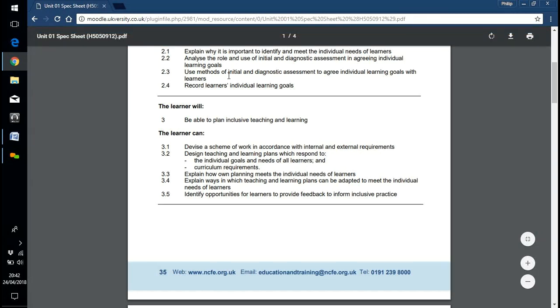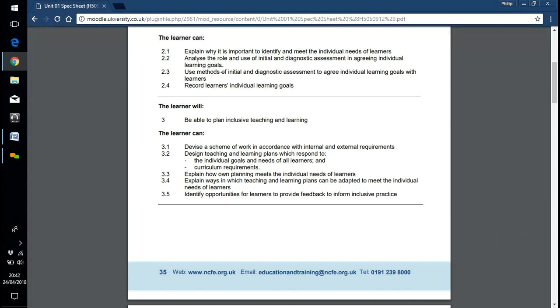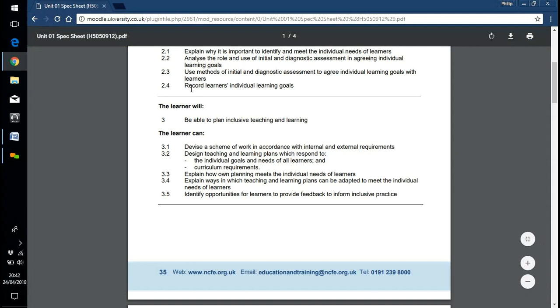The results from your 2.3 is the results from your initial assessment. And you then use the results or the data from that initial assessment to record an individual learning plan for those particular learners.